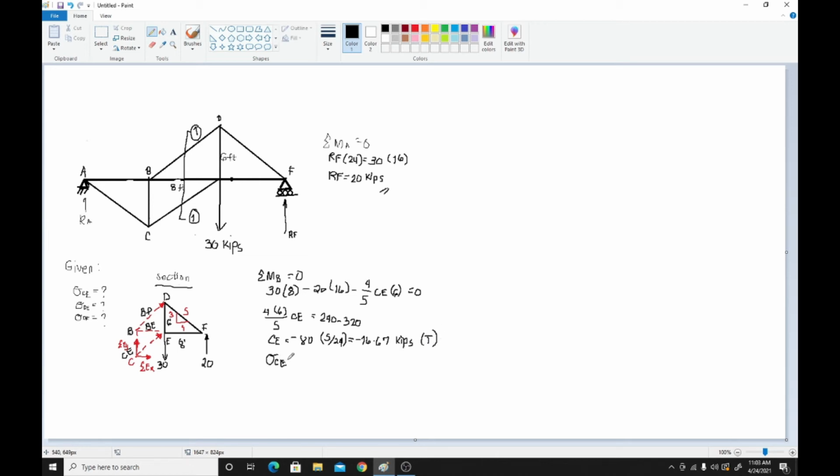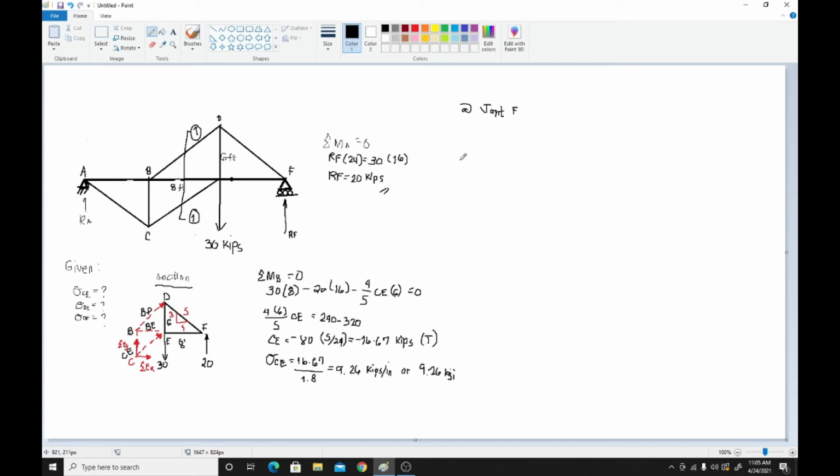So the stress at CE is going to be 16.67 over 1.8, and that is equal to 9.26 kips per square inch, or 9.26 KSI, which is also equal to 9,260 PSI.